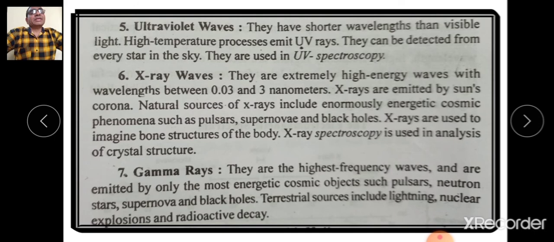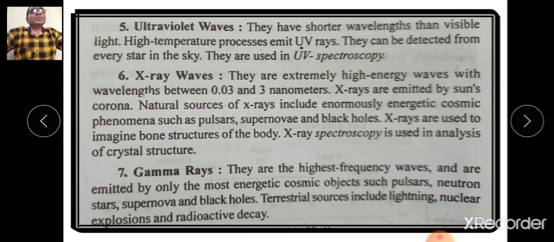The next variety is X-ray waves. Of course, they are extremely high energy waves with the wavelength between 0.03 to 3 nanometer. X-rays are emitted by sun corona. The natural sources of X-rays include enormously energetic cosmic phenomena like supernovae, black holes.